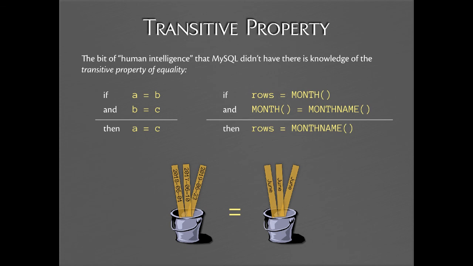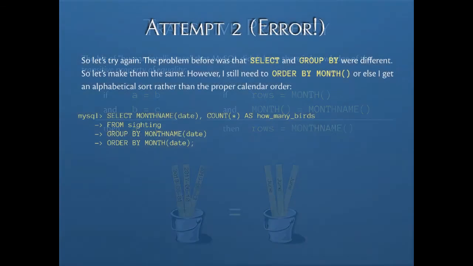Okay. So in reality, the bucket on the left and the bucket on the right down there are equivalent. And as human beings, we see that immediately. That is intuitively obvious to us. But that equivalence is not intuitively obvious to MySQL because it doesn't know what the transitive property of equality is. All right, end digression.